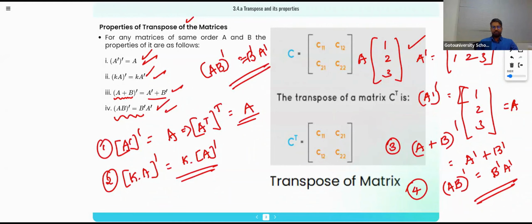If you understand these words, you will not forget this. The transpose of a product is equal to the product of the transposes in the reverse order. That's very important. The reverse order, not the same order, but the reverse order.